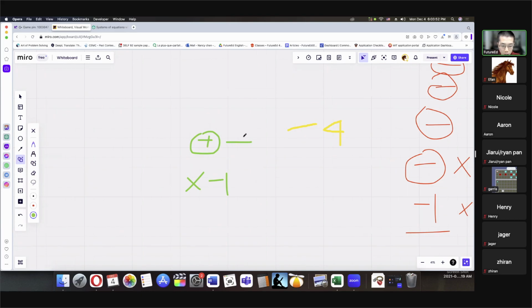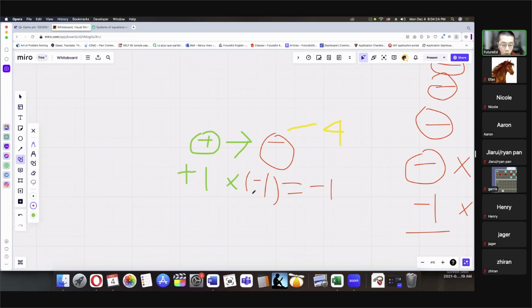So this positive chip becomes a negative chip. So if we have +1 and we multiply this by -1, then what we get left is a -1.